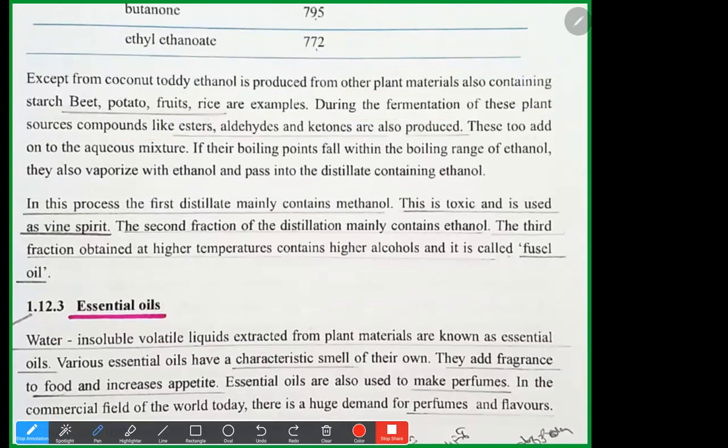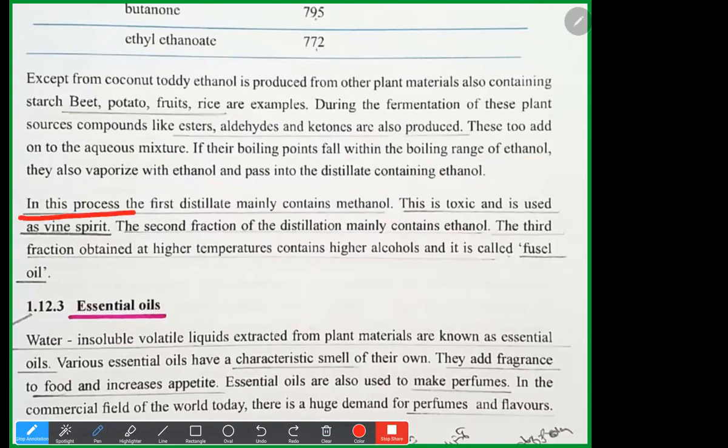These too are added to the aqueous mixture, and if their boiling points fall within the boiling point range of ethanol, they also vaporize with ethanol and pass into the distillate containing ethanol. So if their boiling points are matching, not only ethanol, other impurities can get there.